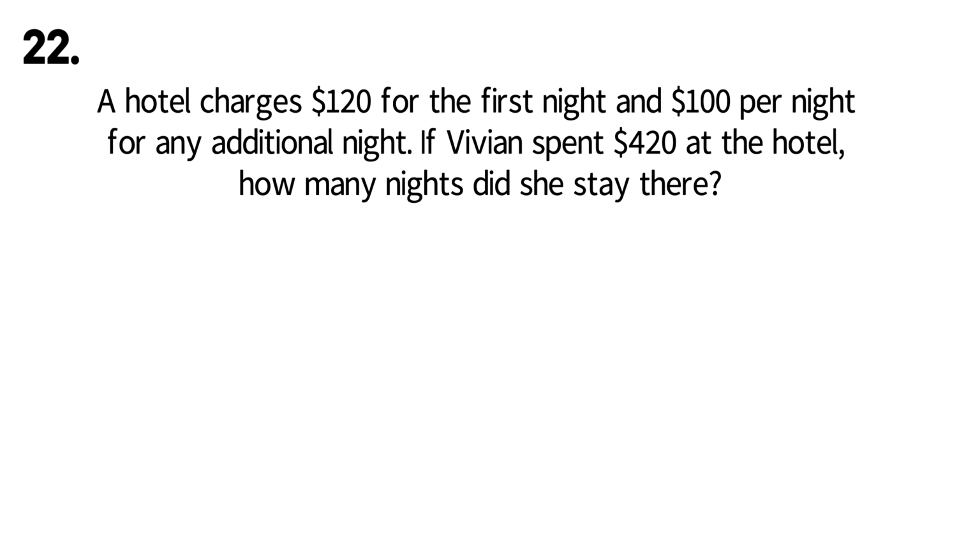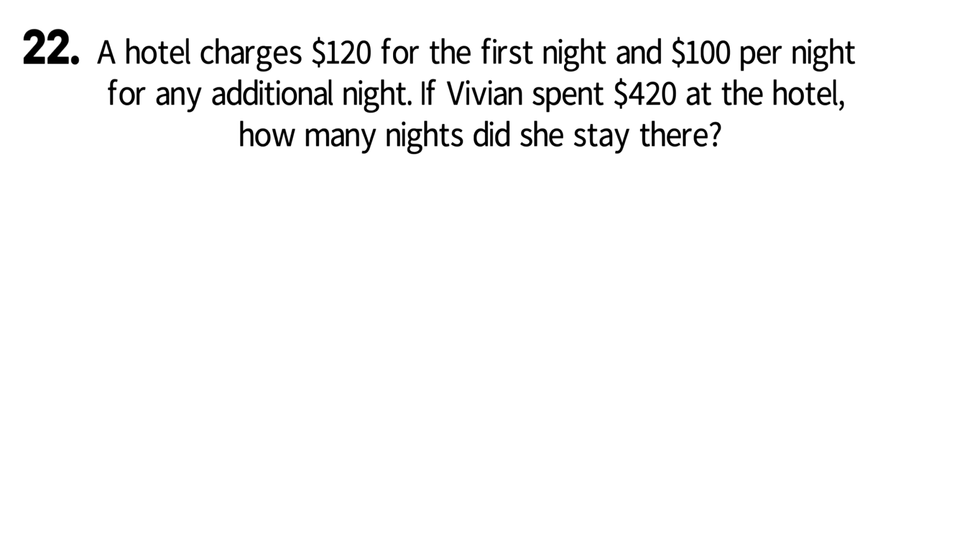Question 22. A hotel charges $120 for the first night and $100 per night for any additional night. If Vivian spent $420 at the hotel, how many nights did she stay there? This is also another very common kind of two-step GED word problem. Here, all our three values are in dollars, so you have to find the group in a different way.